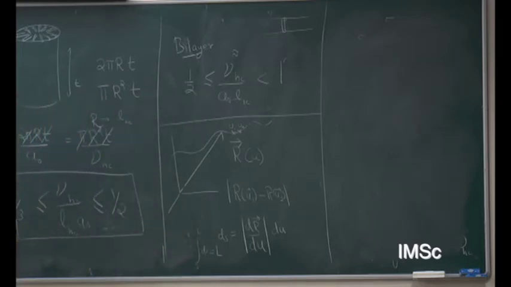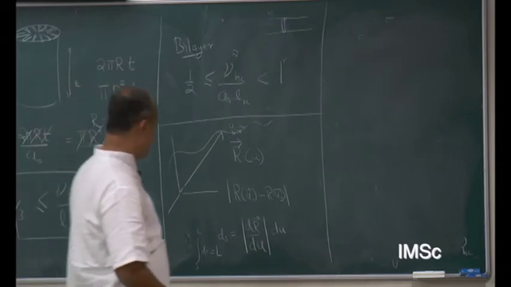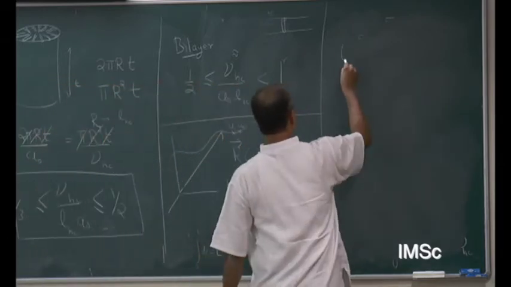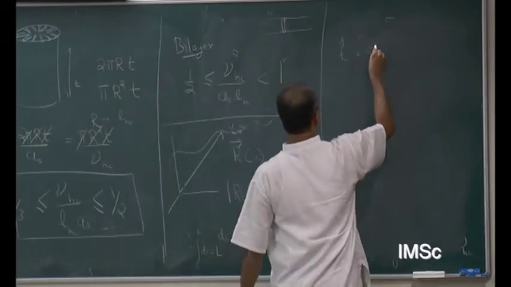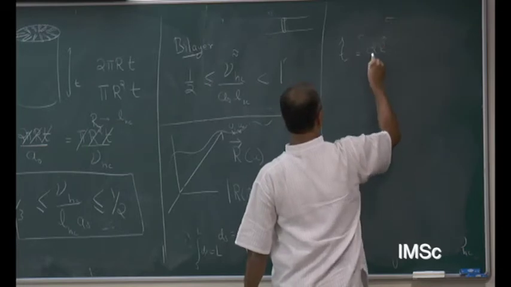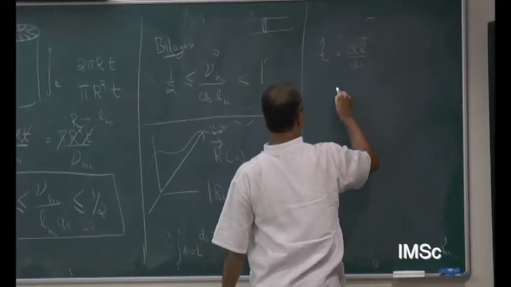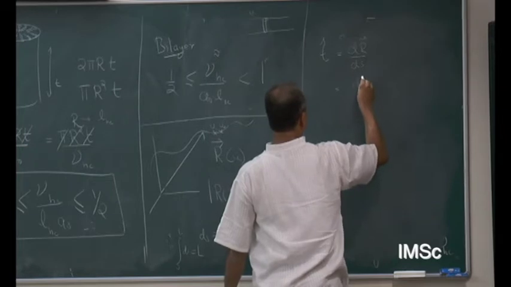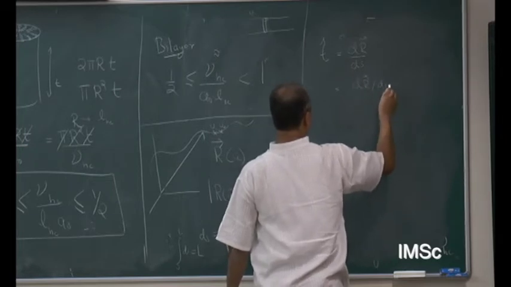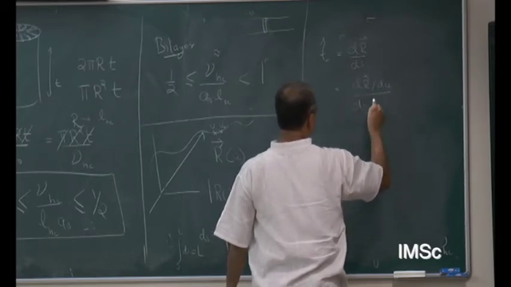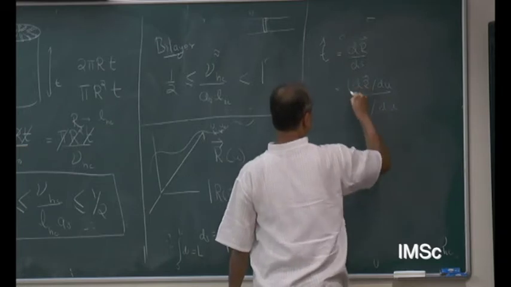Okay. So the vector t hat, which is dr divided by ds, which would be dr by du, ds by du.